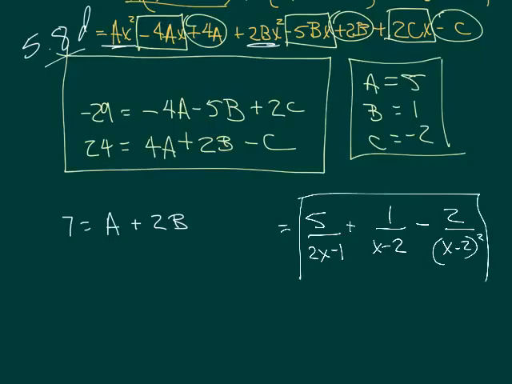So that was another way to find my a, b, and c. Then I just plug them in there for the numerator, and life is good. Alright, so let's go to example 5.